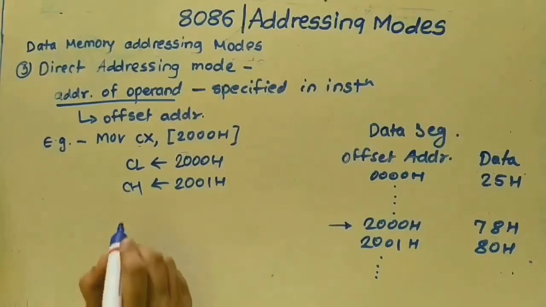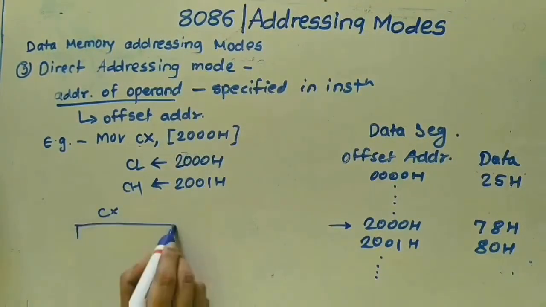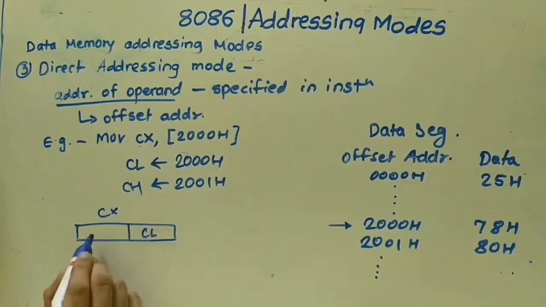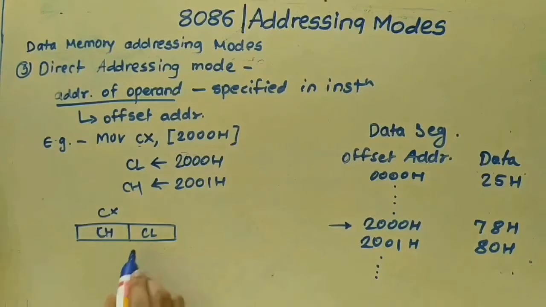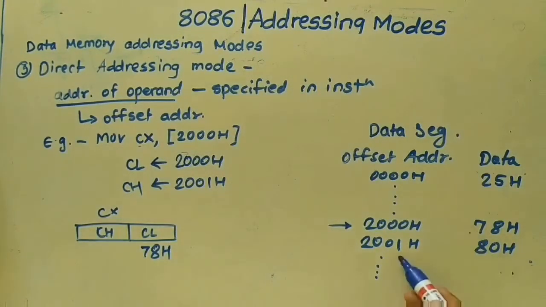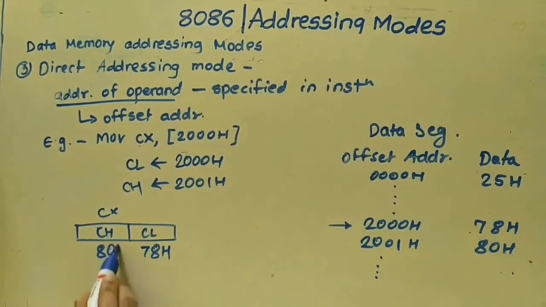Means our CX register consists of a lower data byte and a higher data byte. So CL will have data 78H, and from the 2001H location data 80H is stored into the CH register.